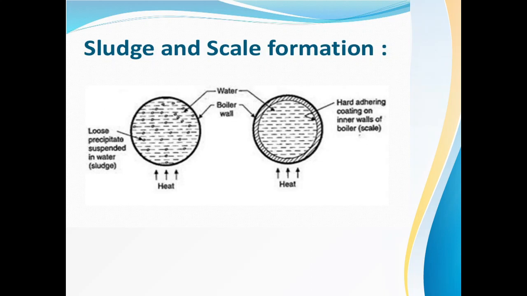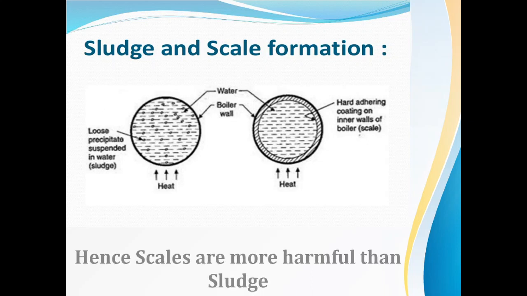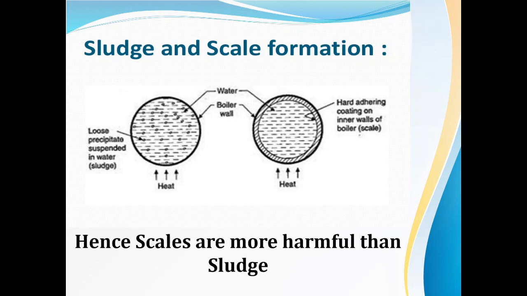Which one is more dangerous to the boiler? That is known as scale. So if any precipitate can be easily removed by filtration, that is easily removable, rather than the precipitate which sticks to the boiler wall internally. So we can say that scale is more harmful than sludge.